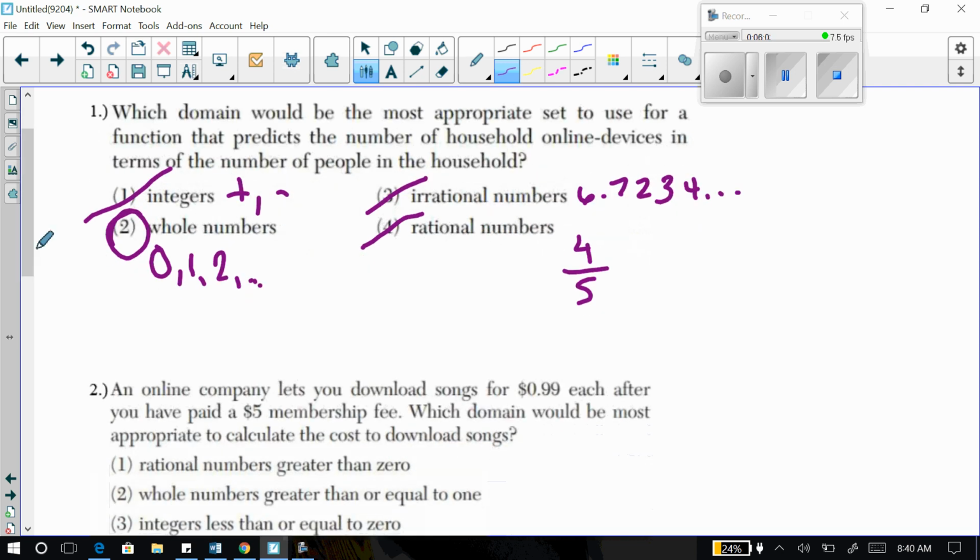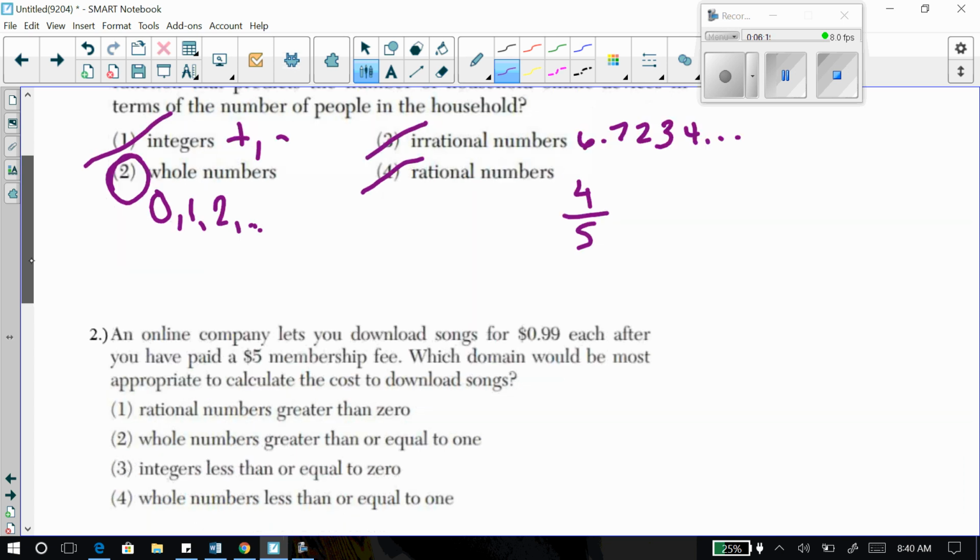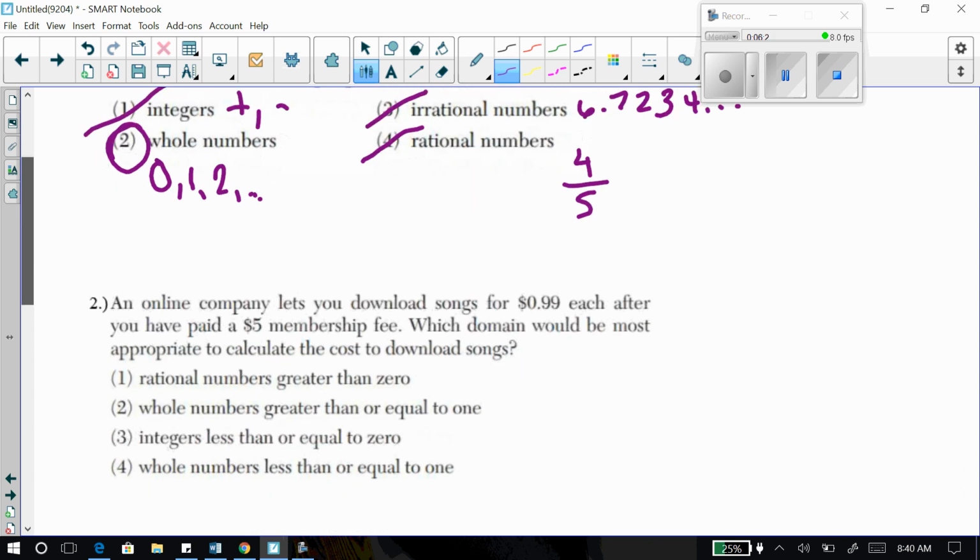Okay. Number 2, it says an online company lets you download songs for 99 cents each after you have paid a $5 membership fee. Which domain would be the most appropriate to calculate the cost to download songs? So we're talking about songs here. Remember, rational numbers can be fractions.